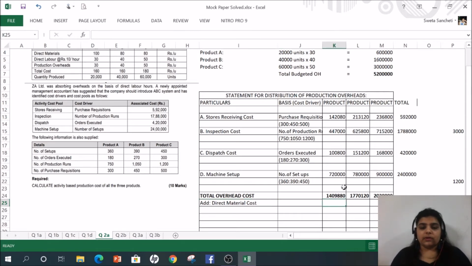So we can give them both the answers. So 100 is the material cost into 20,000 units. Similarly, here 80 into 40,000, and here it would be 80 into 60,000.